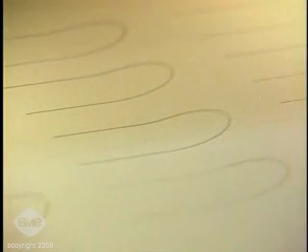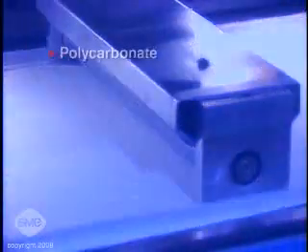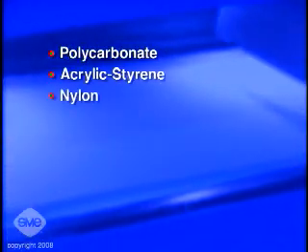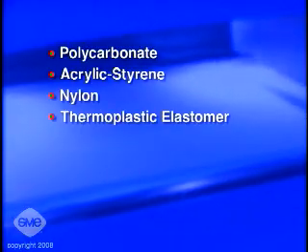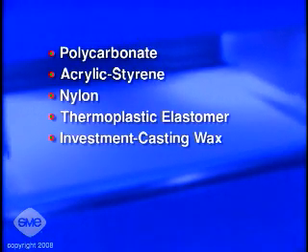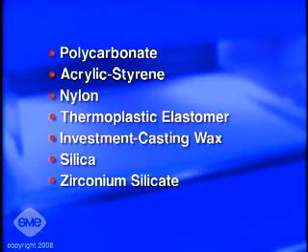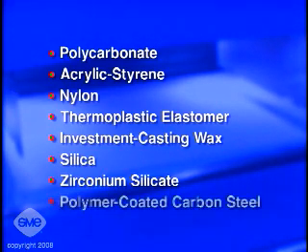The principal advantage of the selective laser sintering process is the wide range of materials from which models can be created. Among the assortment of suitable materials are polycarbonate, acrylic styrene, nylon, thermoplastic elastomer, investment casting wax, silica, and zirconium silicate foundry sands, and even polymer-coated carbon steel.